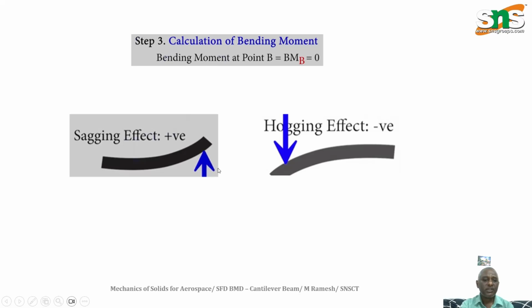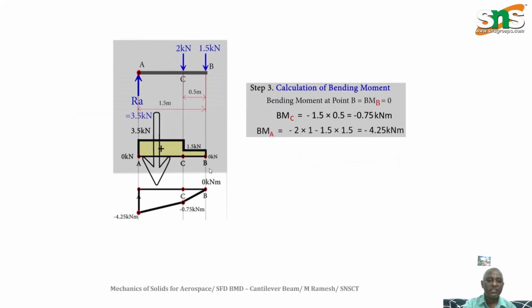On the left side we will have the upward force, and on the right side the downward force. This upward force always creates the positive bending moment. Whether you see the reference point from the left side or right side, wherever you are taking, the upward force will create the positive bending moment. Like that we can go through point B, point C and point A.